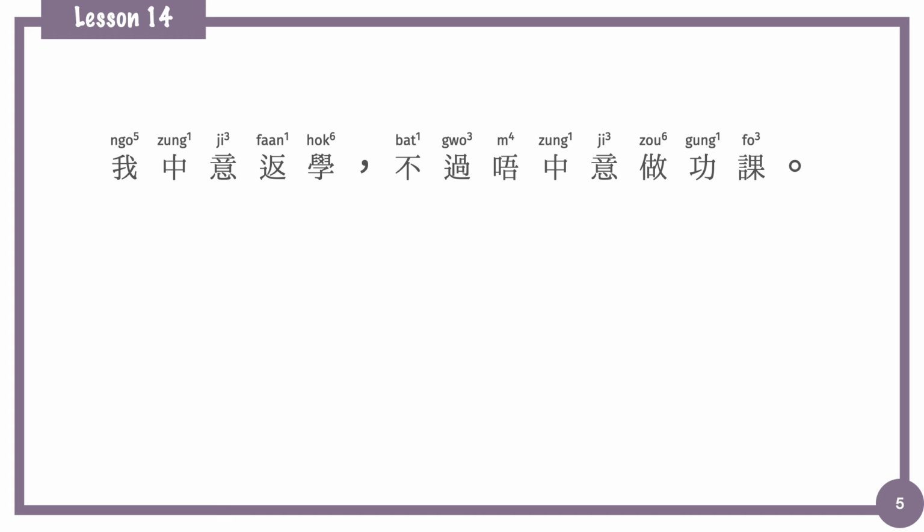Okay, finally we come to the last sentence structure. 我中意返學，不過唔中意做功課. Here, we will talk about 不過. 不過 means but. It's a contrast conjunction. So contrast conjunction connect two sentences that is in contrast, opposite or concession.